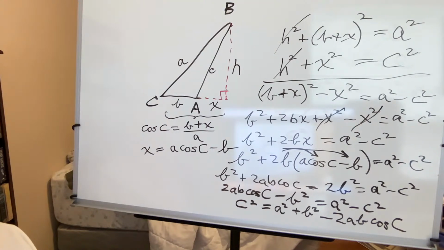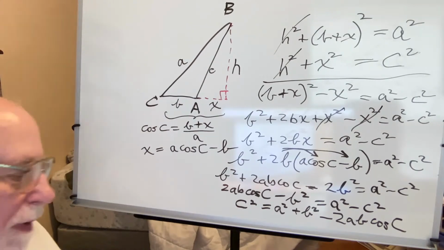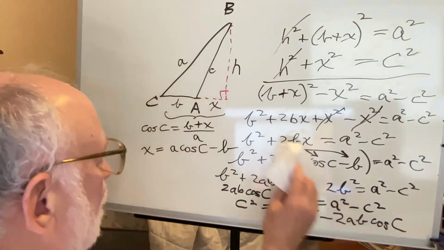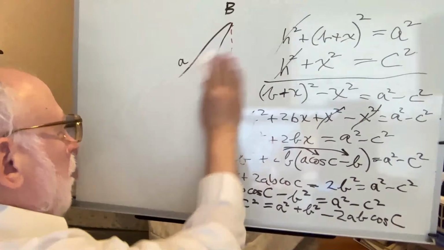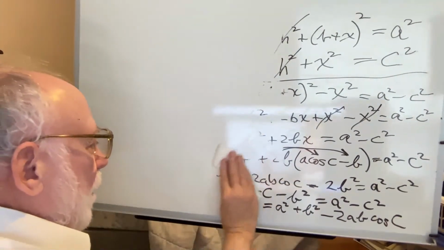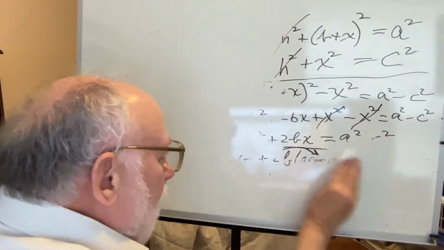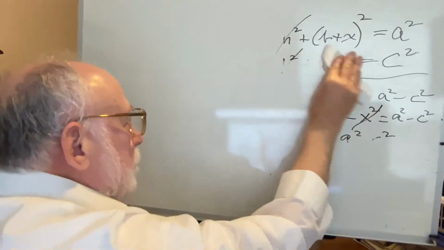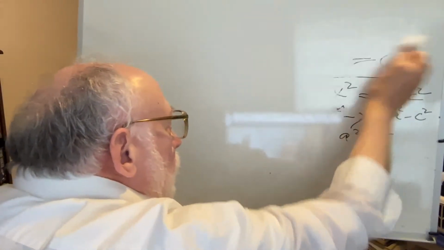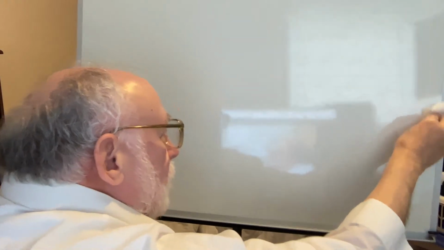Now we move along to the other case, which is when angle C is an obtuse angle. So let's look at that case.